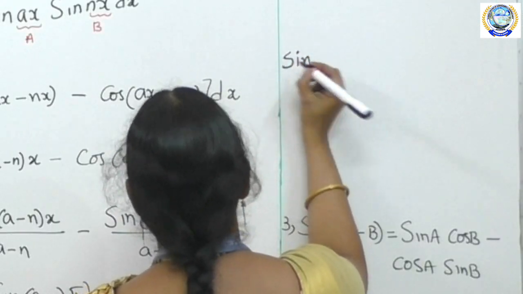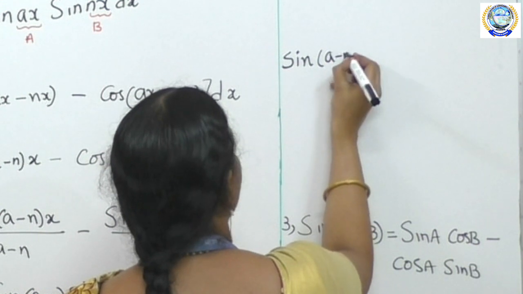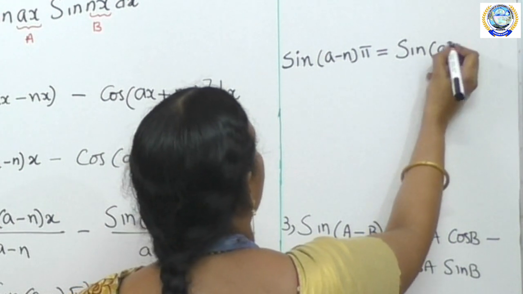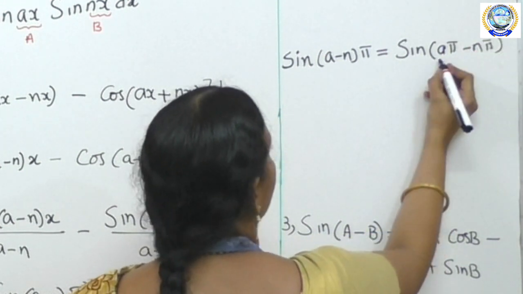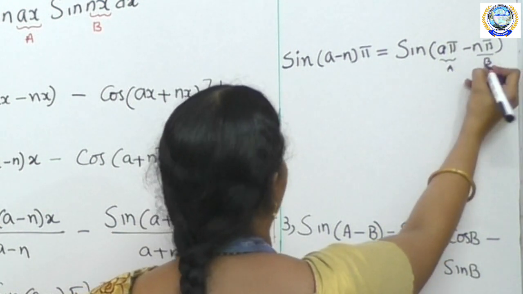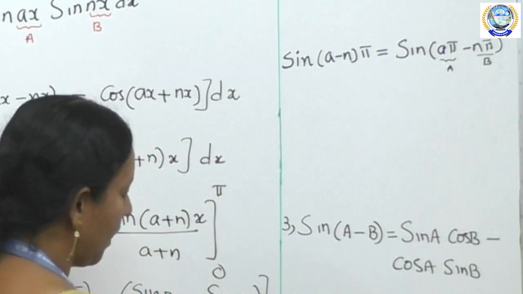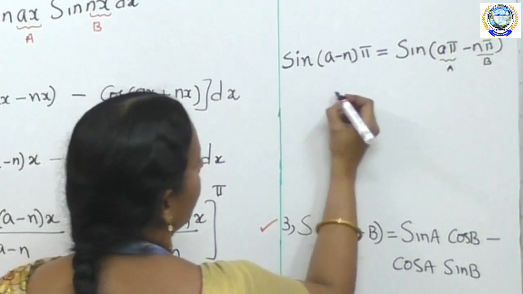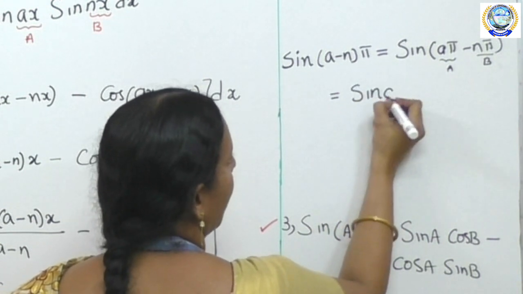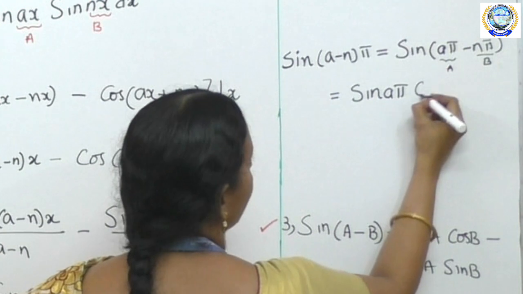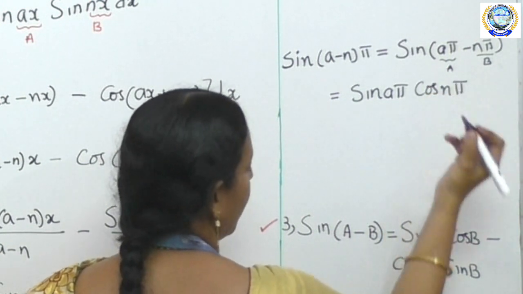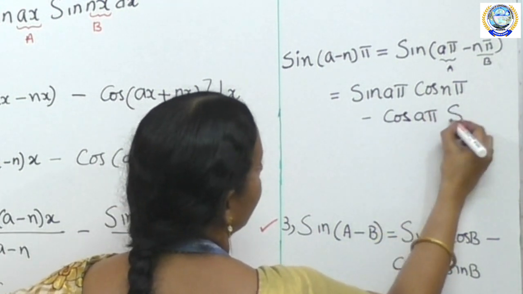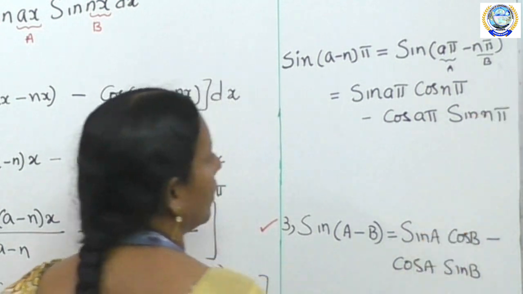Sine (a minus n) into pi can be written as sine (a pi minus n pi). This is A and this is B. So, we have to use this formula. This equals sine a pi cos n pi minus cos a pi sin n pi.